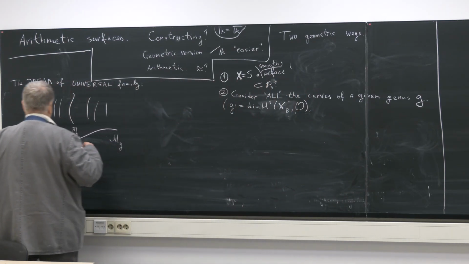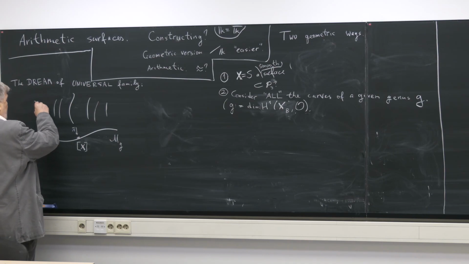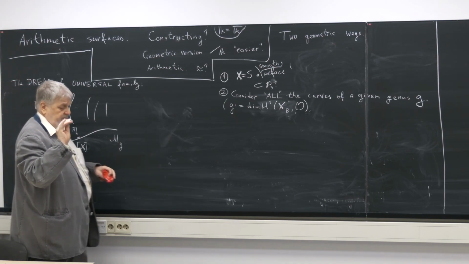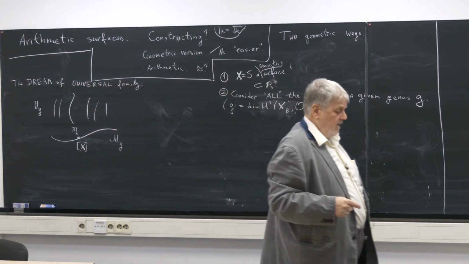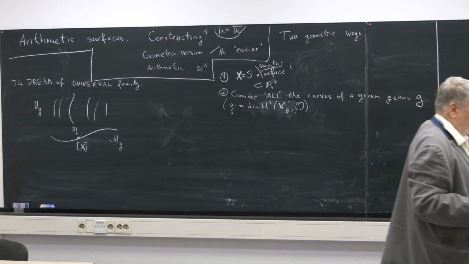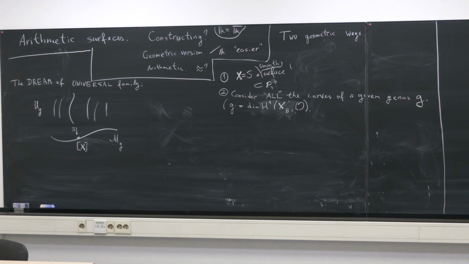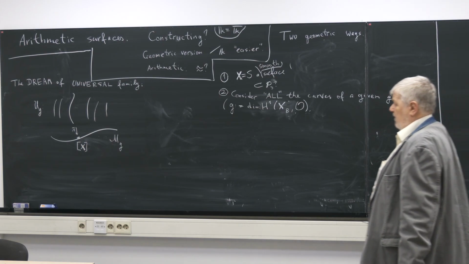Let's give a name to this non-existent object. I'm not discussing crazy things just because, as I said, some objects that are quite close to this universal family do exist. There are just certain variations of it.